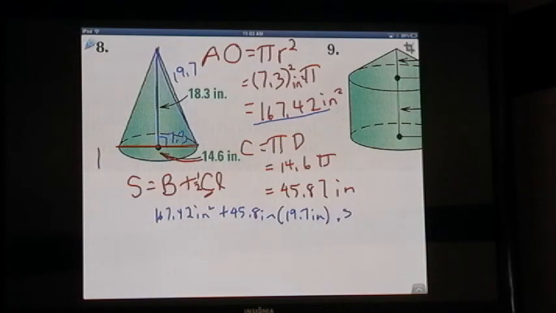Okay, so we have 167.42 plus 45.8 times 19.7 times 0.5 is 618.55. And that's going to be in inches squared, because inches times inches is inches squared there.